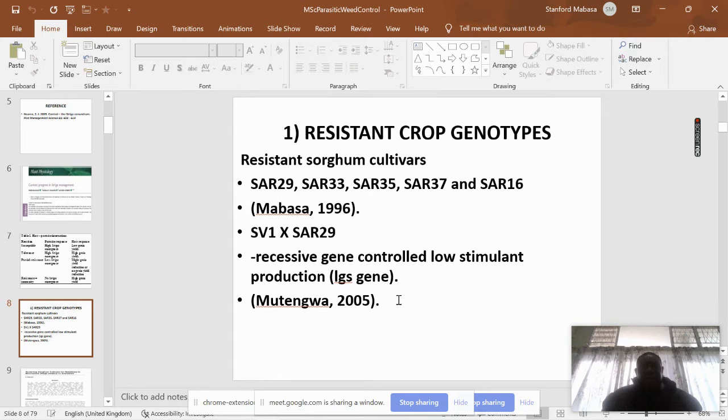So there is a potential of actually improving yield through breeding, especially in sorghums.